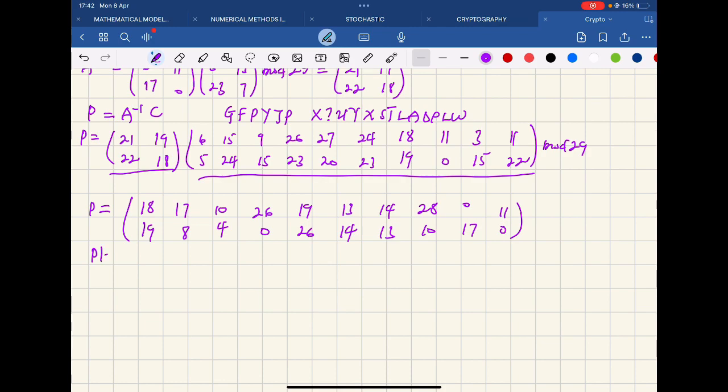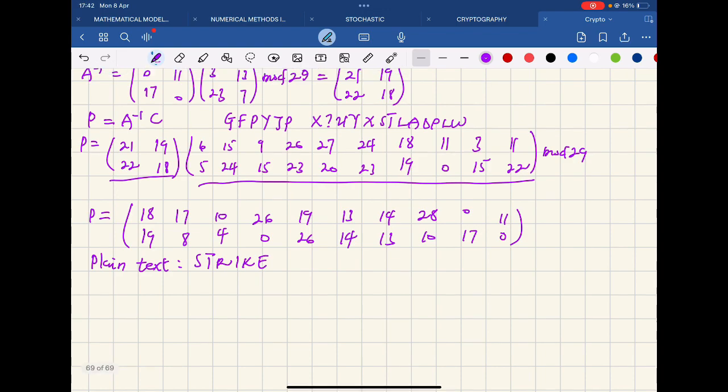So our plain text will now be: 18 is S, 19 is T, 17 is R, 8 is I, 10 is K, 4 is E. And remember, 26 is blank, so we leave a space. 0 is A, 19 is T, 26 is blank, so we leave a space.